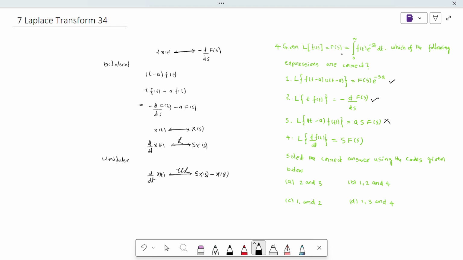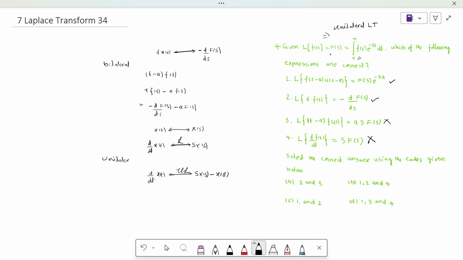So already here it is given that the limits are from 0 to infinity. So these expressions are for the unilateral Laplace transform. For the unilateral Laplace transform, this statement is wrong. For the bilateral, it is correct.